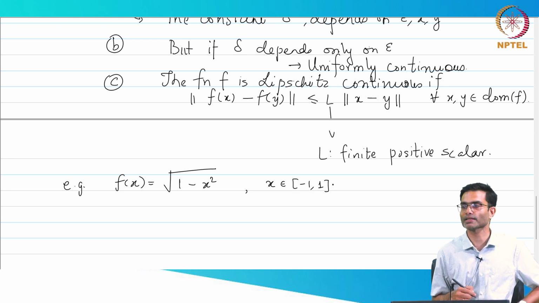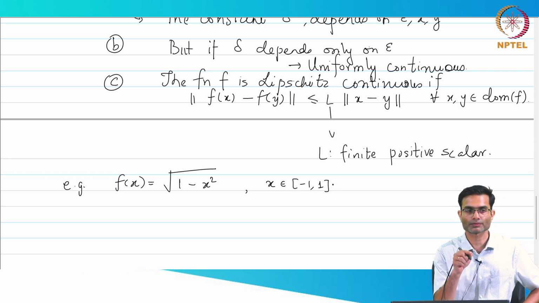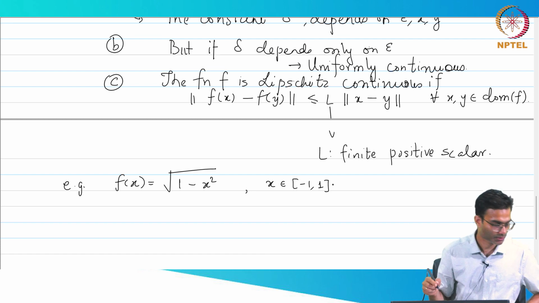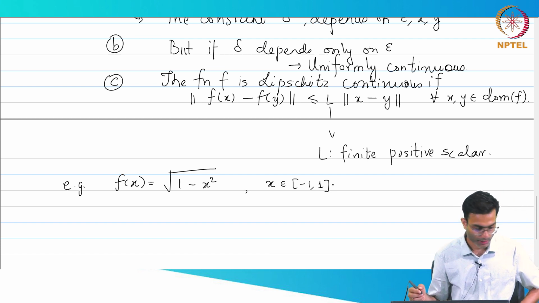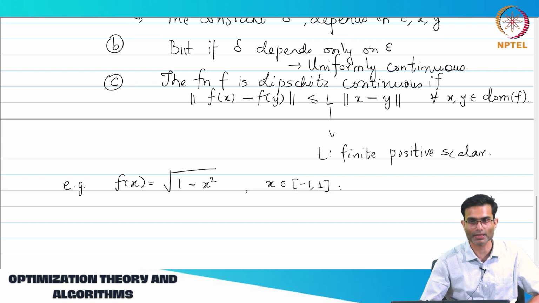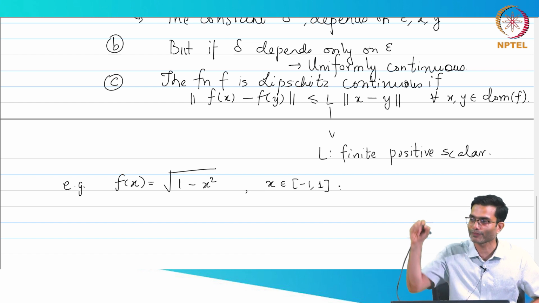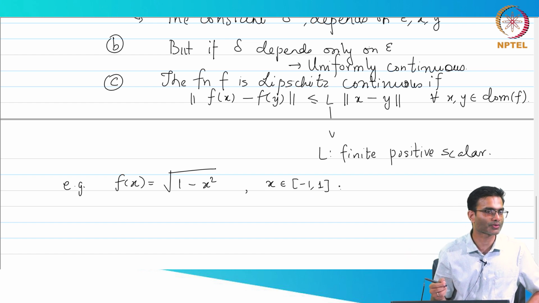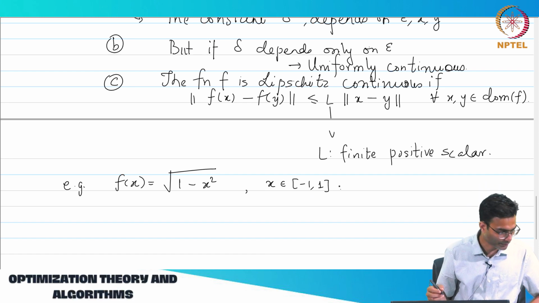This guarantees that f maps from [-1, 1] to R, otherwise I would get complex numbers. Now we want to figure out what type of continuity this function satisfies. Intuitively, if you graph it, it looks like a continuous function. But which precise type of continuity it satisfies is something we want to see.